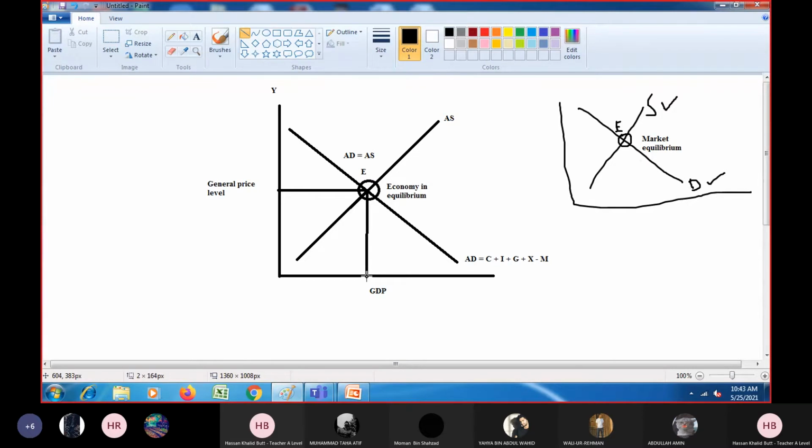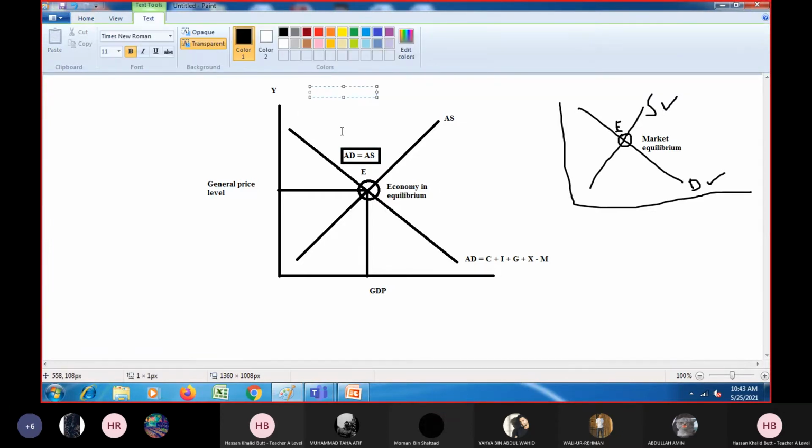Now, why do we call it equilibrium? It's not only because aggregate demand is equal to aggregate supply. Yes, this is true, but another reason for which we call it equilibrium is that the general price level has no tendency to change. Now, the price level will neither increase nor decrease, right?